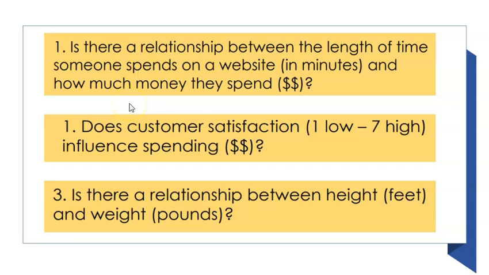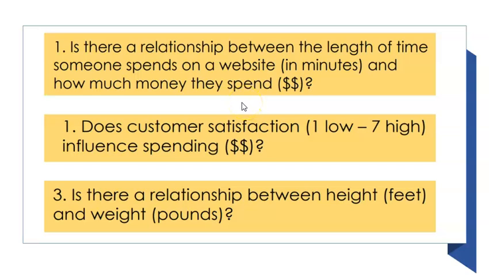Now, is there a relationship between the length of time someone spends on the website in minutes and how much money they spend? These are both continuous variables. If there is just the relationship, you can proceed with the correlation.